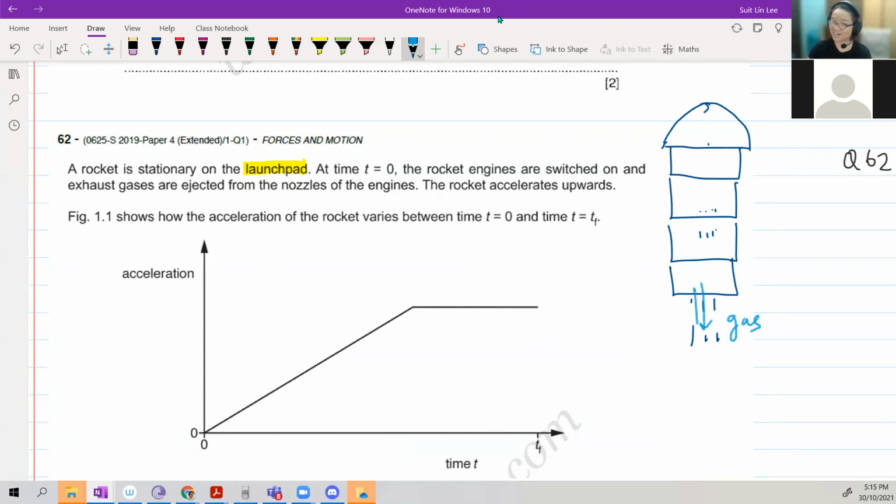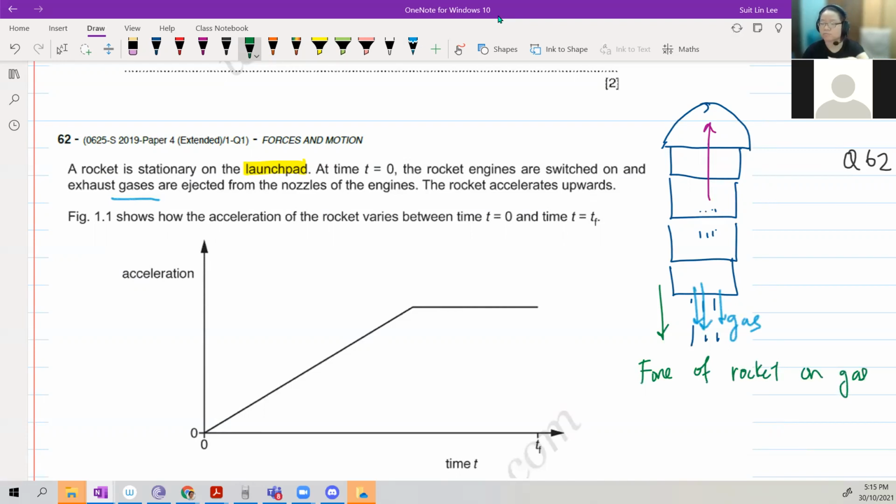But if you shoot gas out, exhaust gas, then the rocket will accelerate upward. The rocket will move here. So let's think a bit. The gas is being pushed downwards. So there is a force of the rocket on the gas.